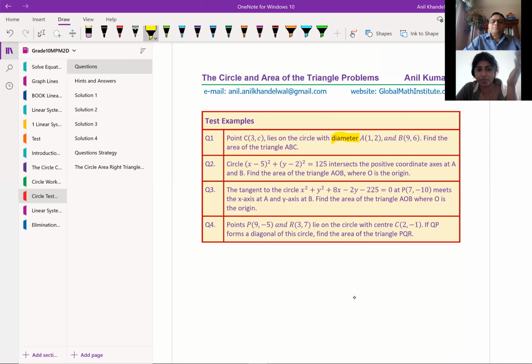So I think the first place to start would be finding the point C, so the other value, which is c. To do this, as it lies on the circle, we have the diameter. So from the diameter, we can find the midpoint, which would be the center of the circle. Then you can use the center of the circle and find the equation of the circle.